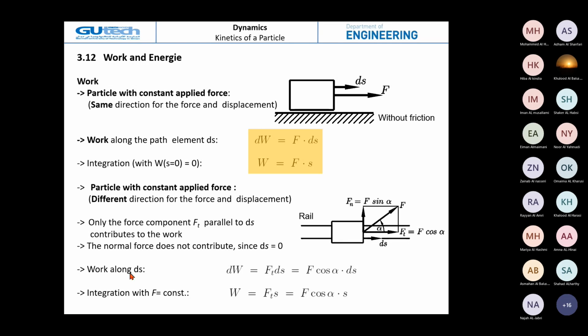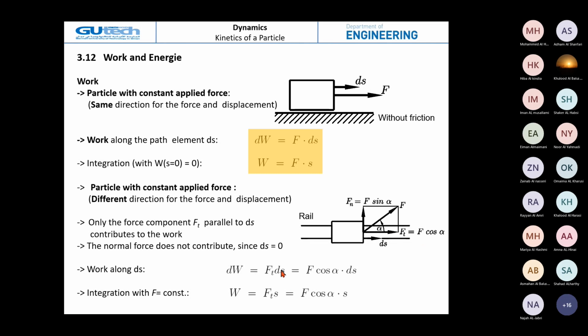Now the work along s: as there is motion in the horizontal or tangential direction, and there is a force along this direction, we have dW is only Ft, the tangential force, which is F cosine alpha multiplied by ds.